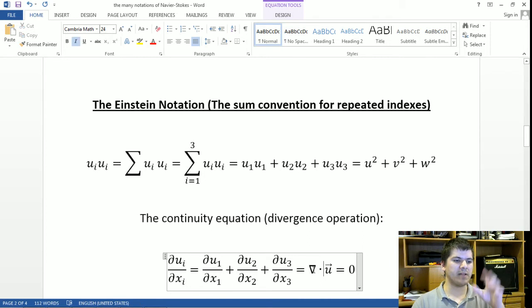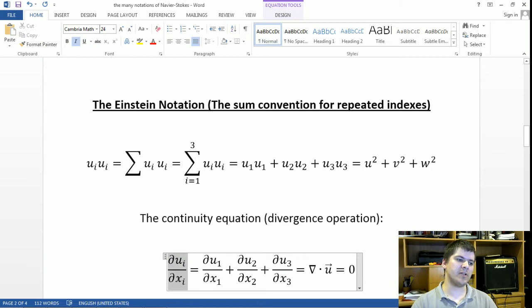So we can express this as this expression. As you can see, there is an index i repeated twice, so that indicates that we have to sum from i equals 1 to 3 along this dimension.